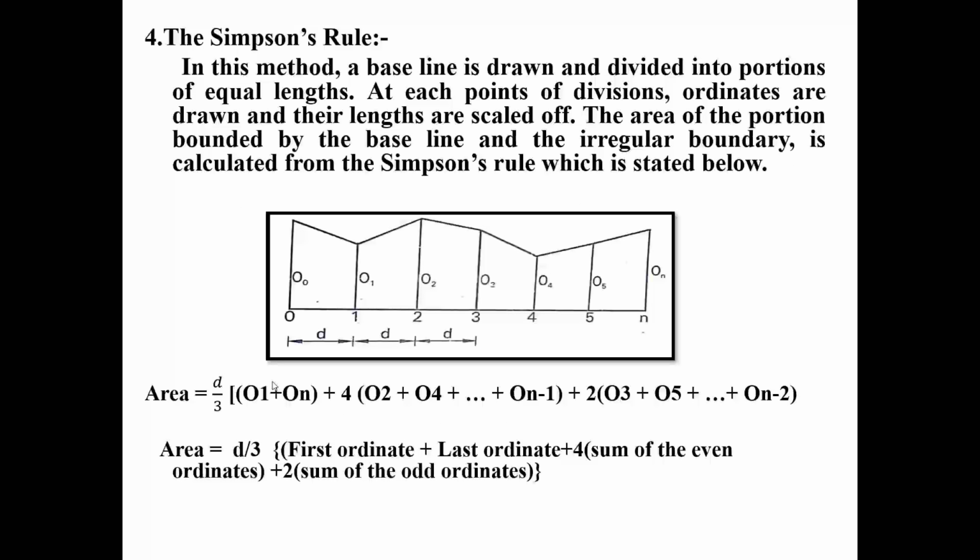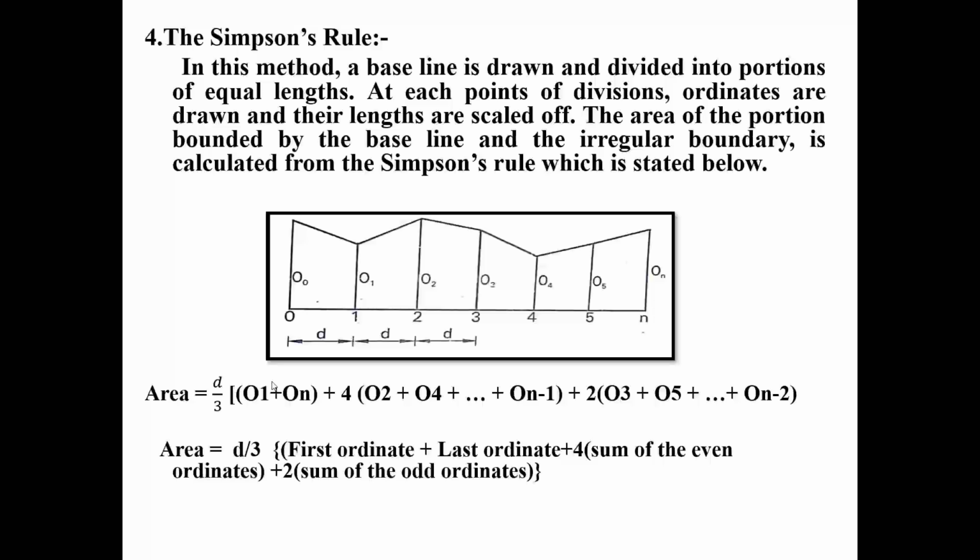Coming to the fourth one, Simpson's rule. In this method, the base line is drawn and divided into an even number of equal lengths. At each point of division, ordinates are drawn and their lengths are measured. The area of the portion bounded by the baseline and the irregular boundary is calculated from Simpson's rule, which is stated below.